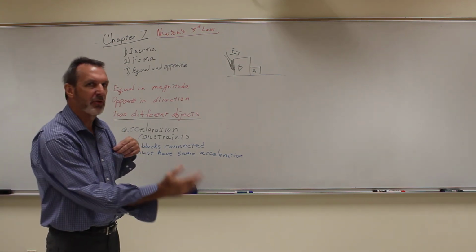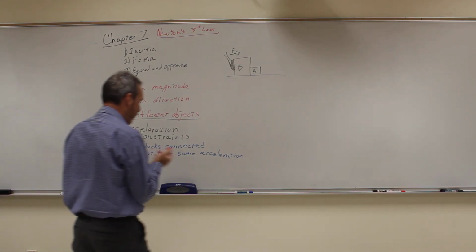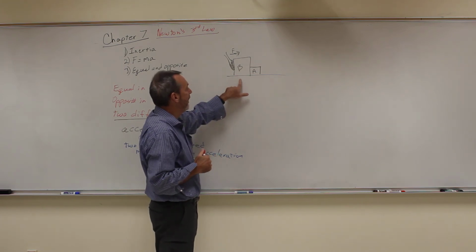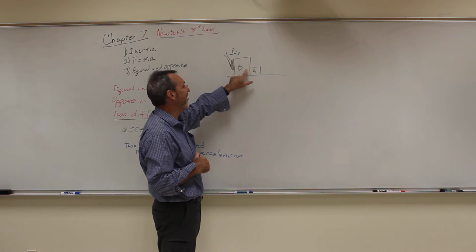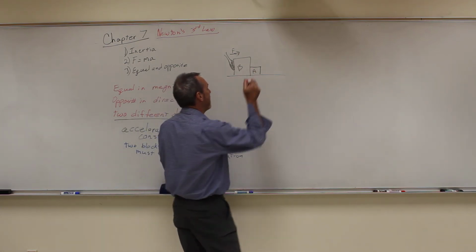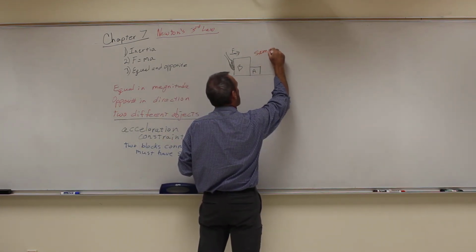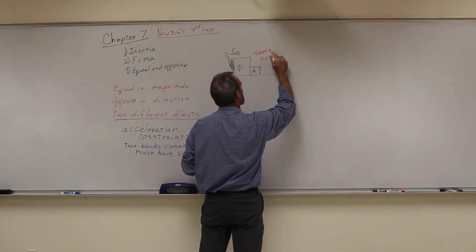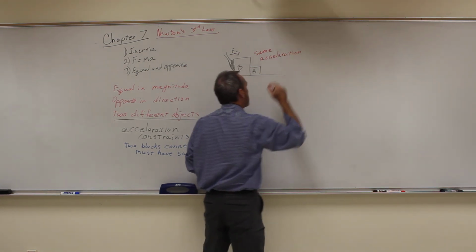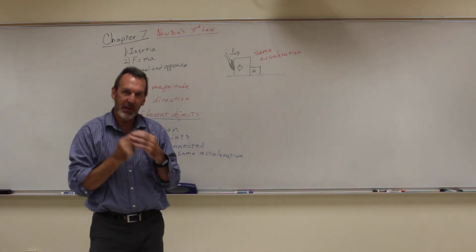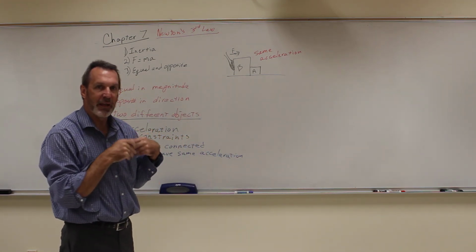I'm just pushing the two blocks across the table or floor, whatever it is. Block B and block A are both accelerating. Not only are they accelerating, but they're touching each other, so they have to have the same acceleration. But if they have the same acceleration, does that mean they have the same net force?